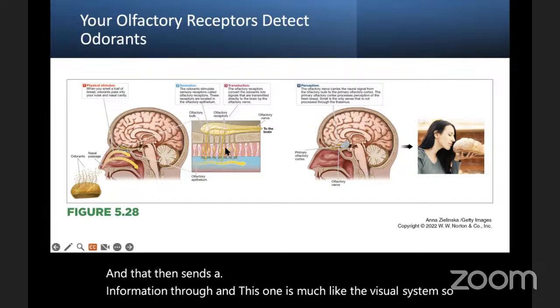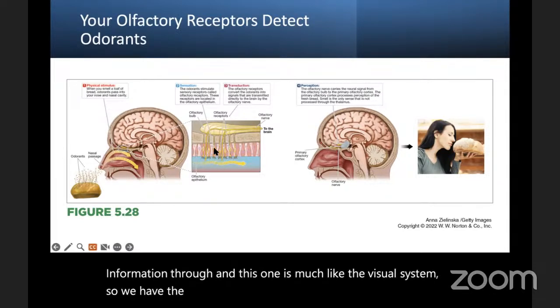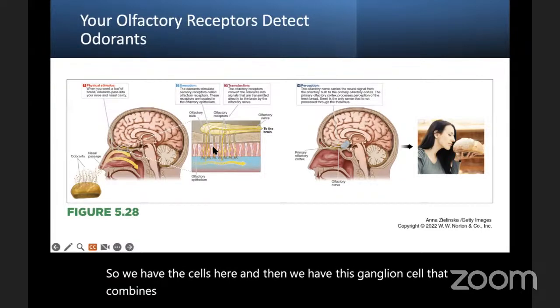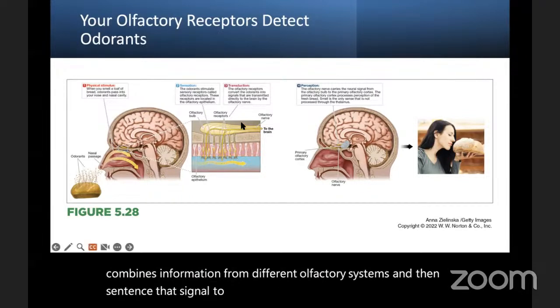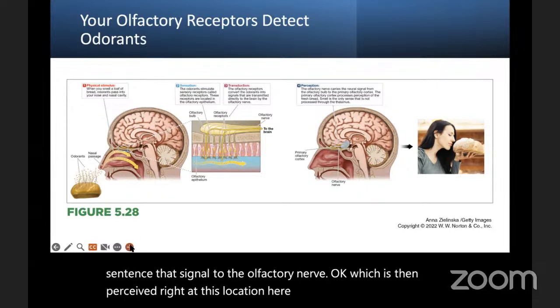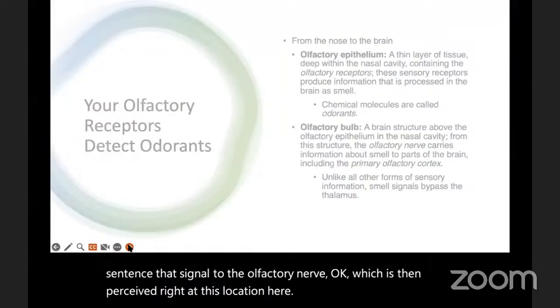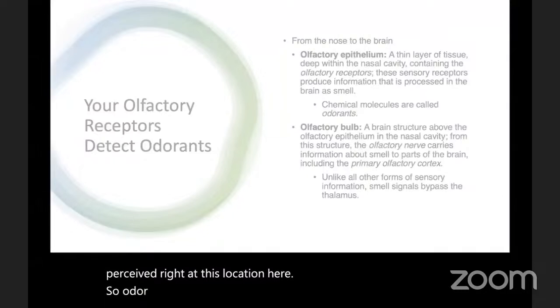So we have the cells here, and then we have this ganglion cell that combines information from different olfactory receptors and then sends that signal to the olfactory nerve, which is then perceived right at this location here. So odor is really what is being detected.